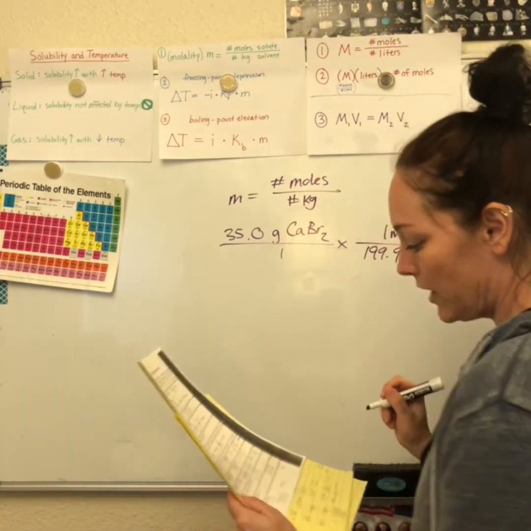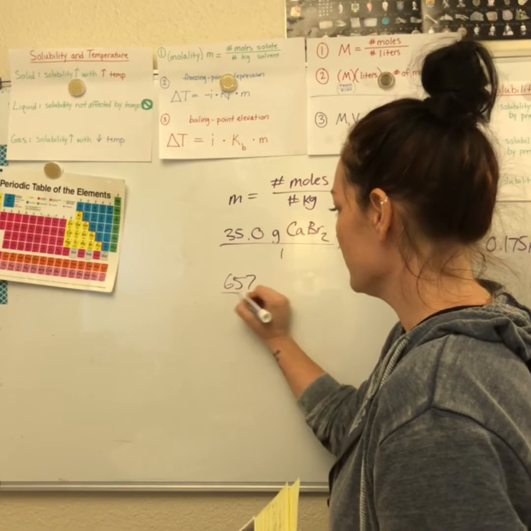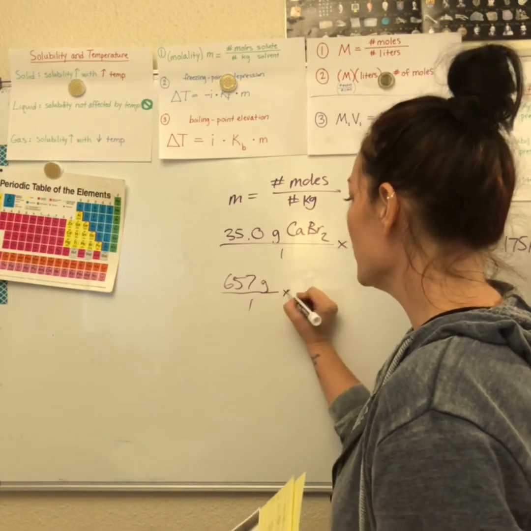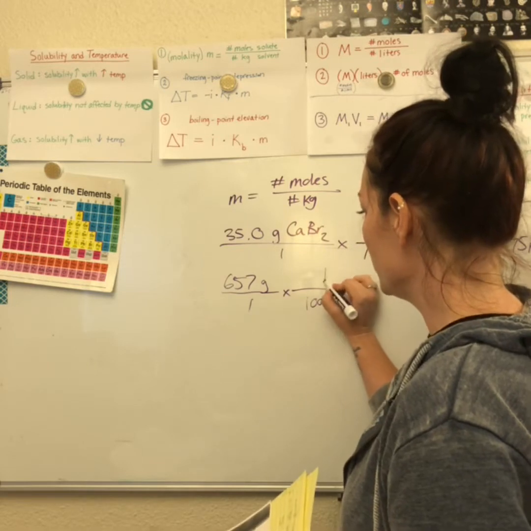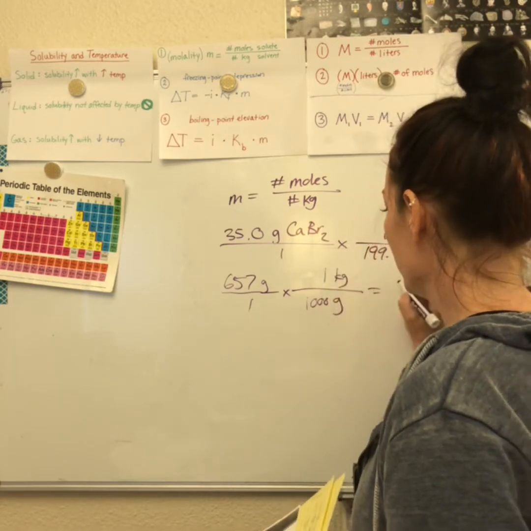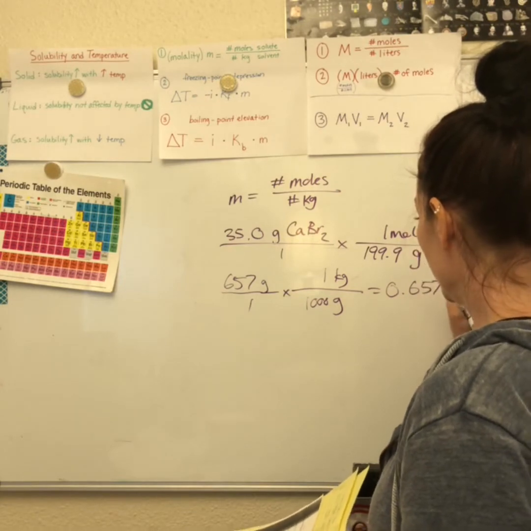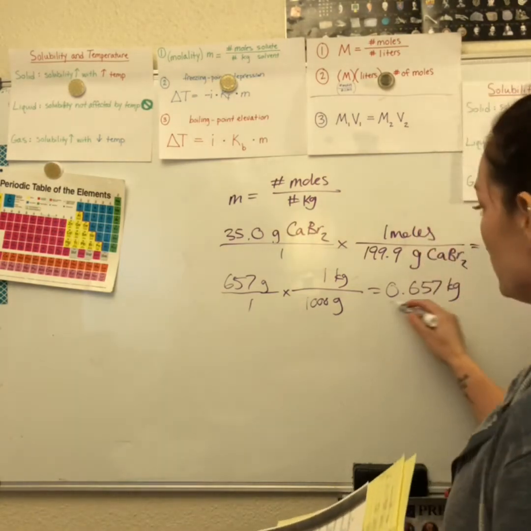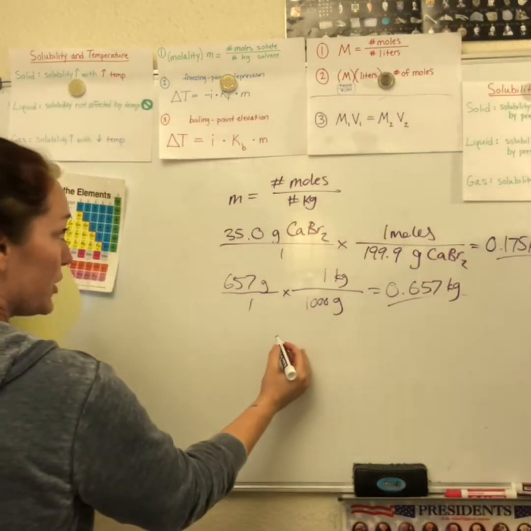Now, in kilograms, they gave us 657 grams, okay? So we can really easily switch over to kilograms like this. Really, I'm just moving my decimal point, 0.657 kilograms, okay? So now I've got my moles, I've got my kilograms, I can go ahead and put those into my equation.